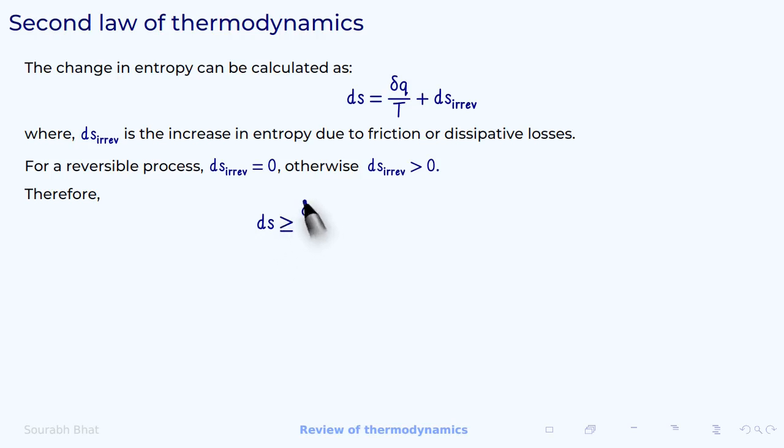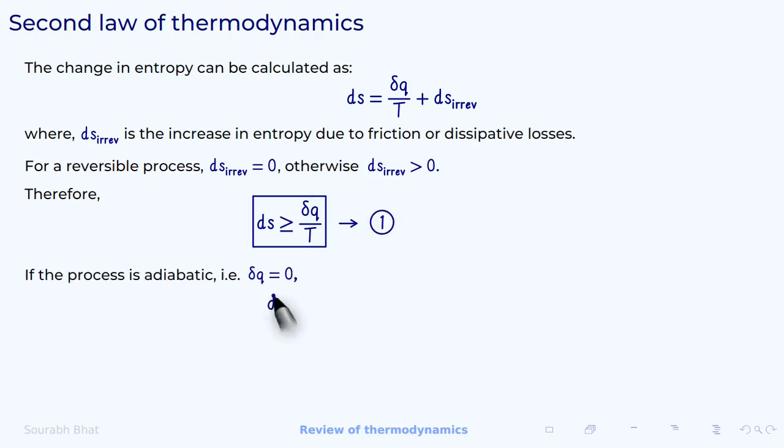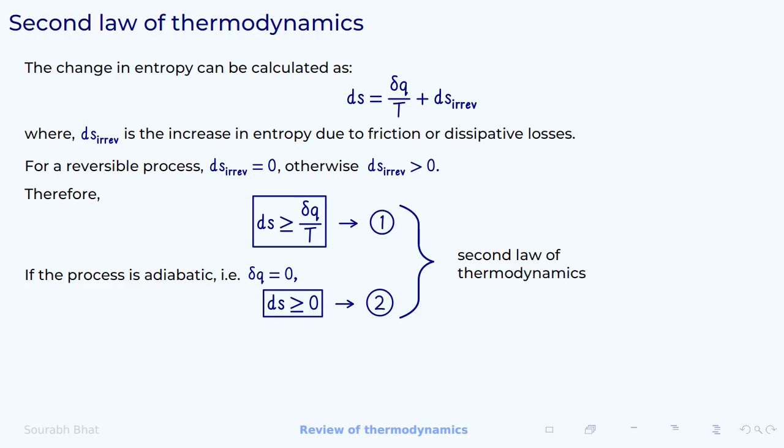Therefore, we can see that ds is greater than or equal to delta Q by T. If the process is adiabatic, that is no heat transfer, then ds is greater than or equal to 0. Equations 1 and 2 form the second law of thermodynamics. The second law gives us the direction of a process.